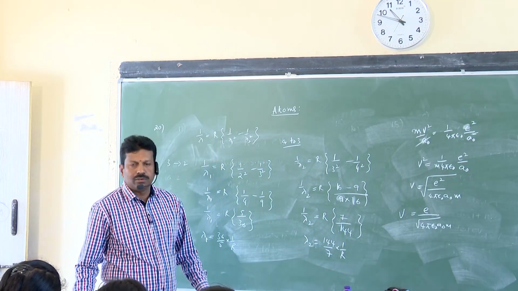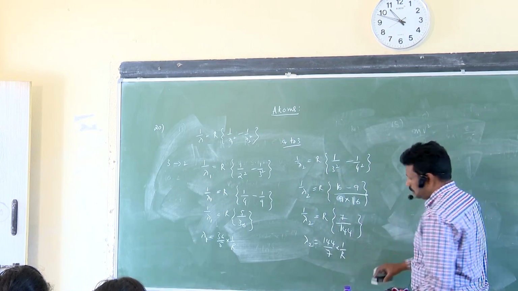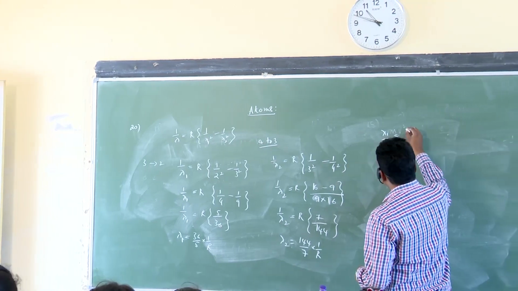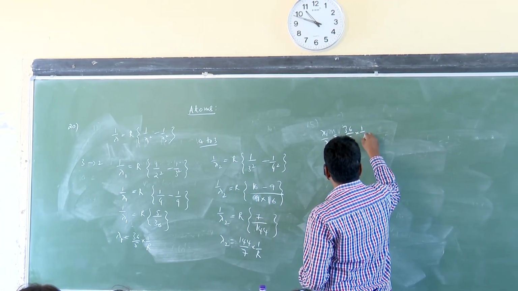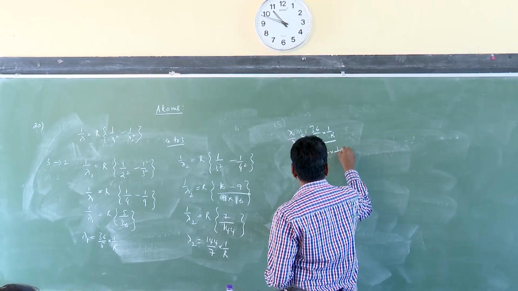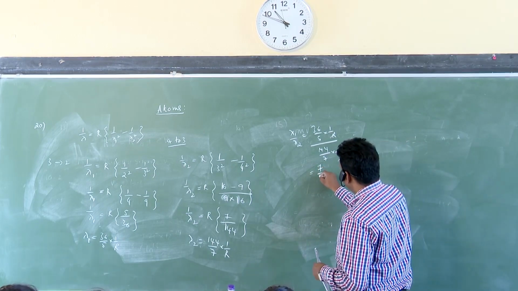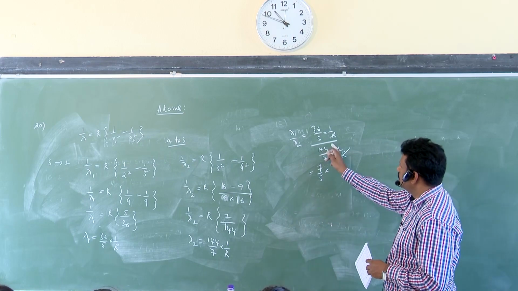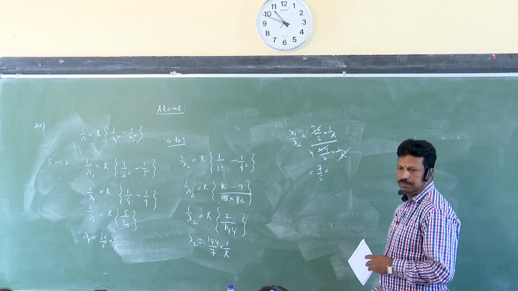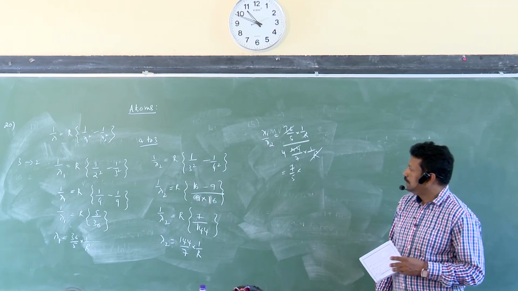Are you clear? So what is the ratio? Lambda 1 by lambda 2 is 36 by 5 into 1 by R, divided by 144 by 7 into 1 by R. R gets cancelled, 7 goes to the numerator. So 7 by 5, and 36 over 144.